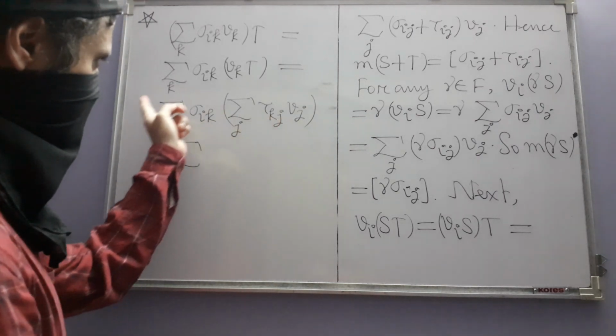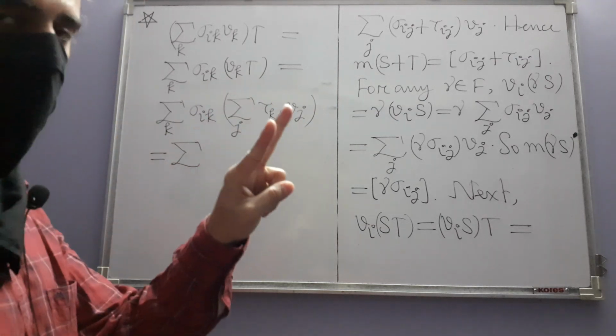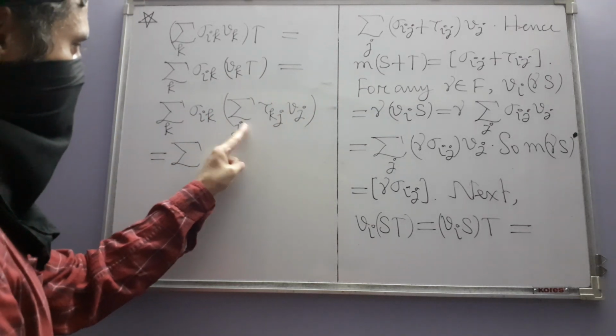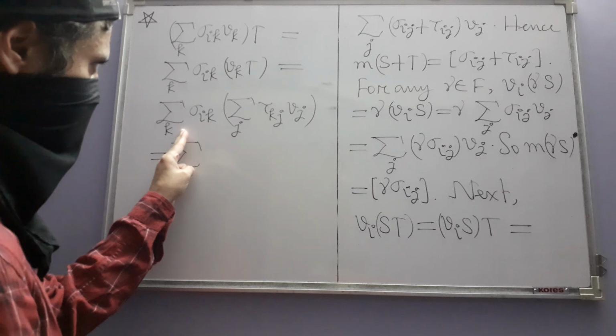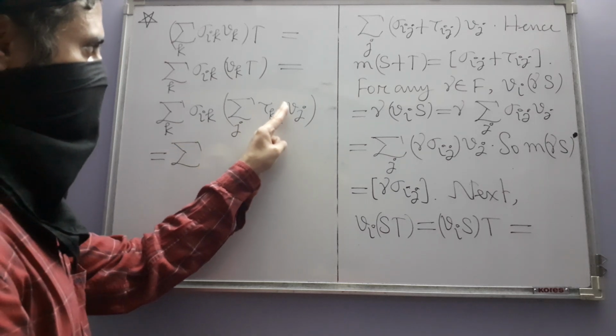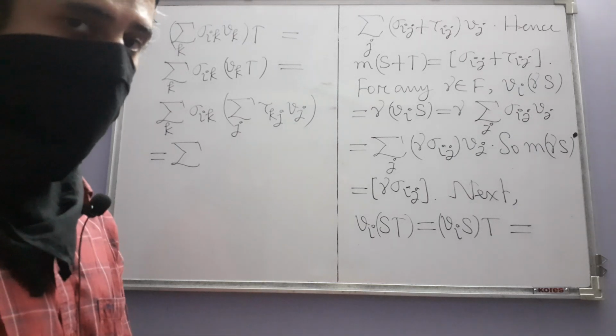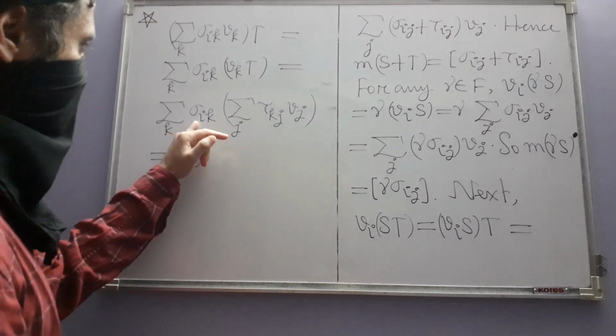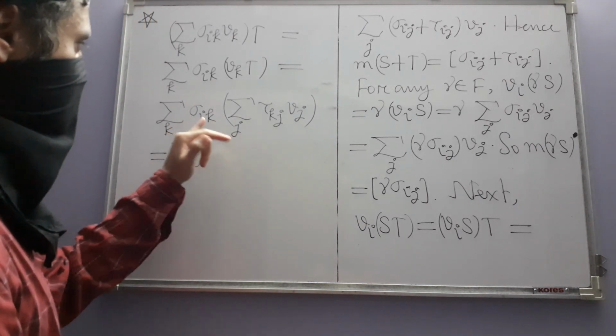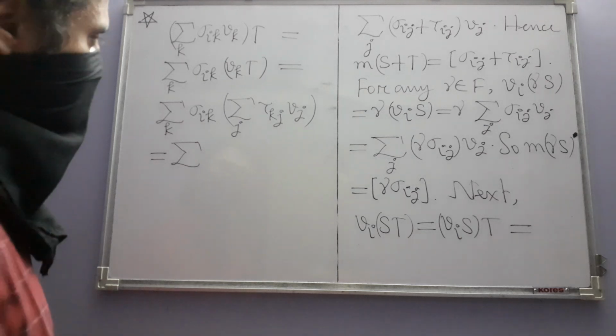In this expression we have two sums, this inner sum and this outer sum. The inner sum has the scalars tau kj, Vj are the vectors, and outside we have sigma ik, which are scalars.